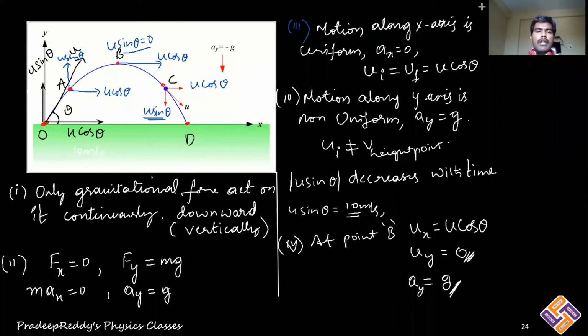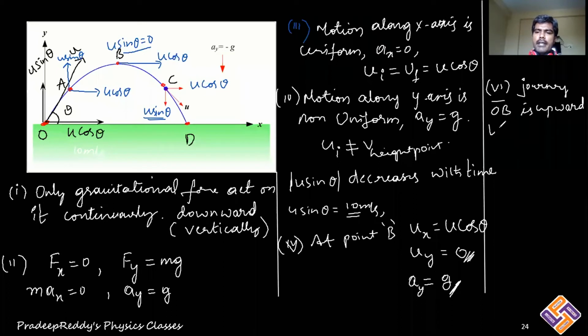Next. As I told you, when the body starts at O and travels from O to B, it is traveling upward. This is the upward journey. The magnitude of velocity decreases vertically. From B to D, the magnitude of velocity increases with respect to time. Now, clearly, journey OB is upward.